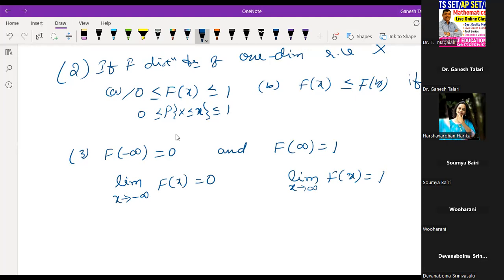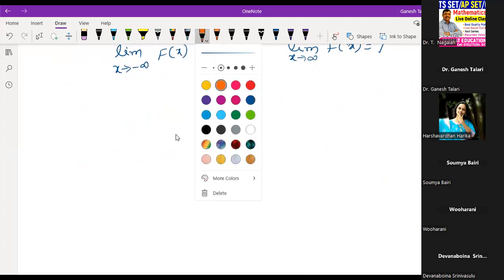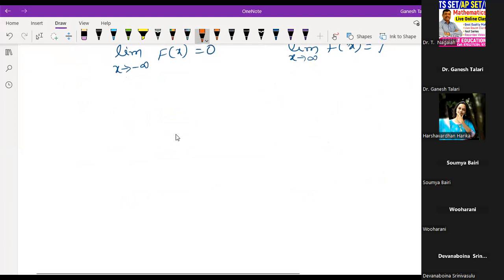So these are the distribution function properties. Just remember these three properties of the distribution function. And now we are going to discuss random variables, which are of two types again.